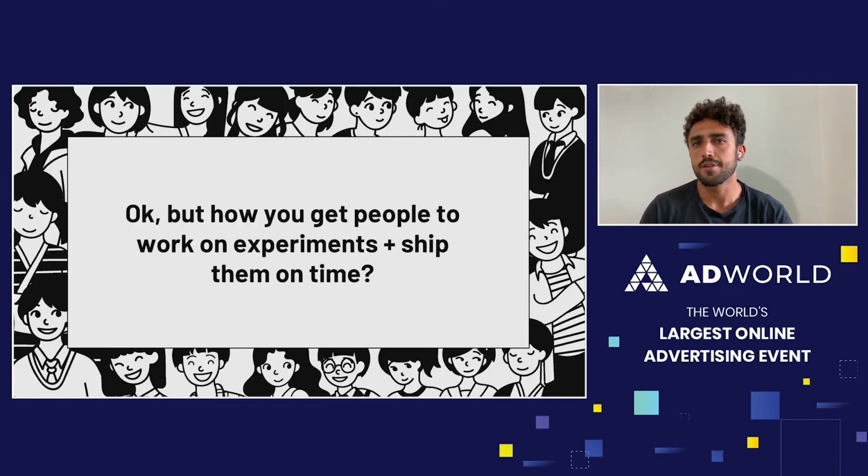So, okay, this sounds good, and I believe we now have a clear understanding of how we should structure experiments as an individual contributor. But how do you go ahead and get this done in a company setting where most of the time people need to focus on other areas of the product?